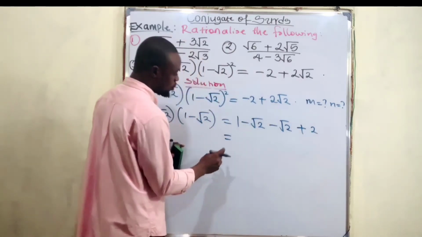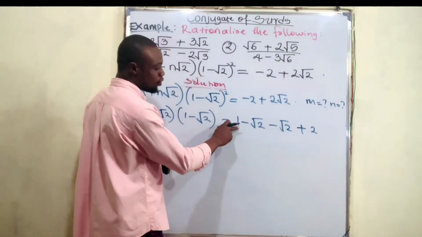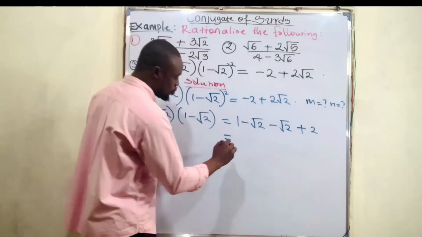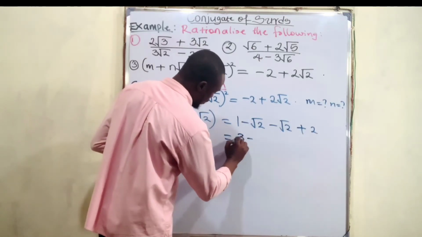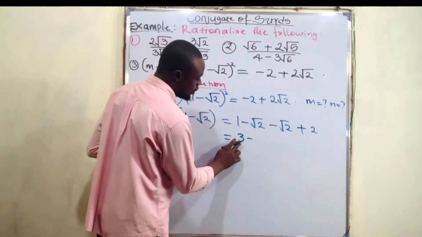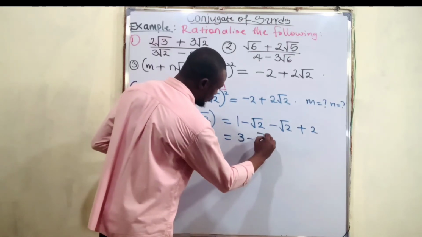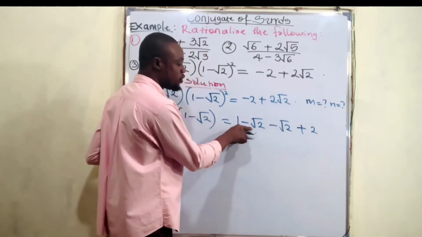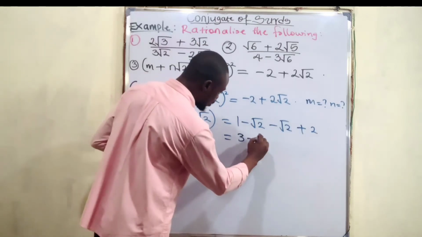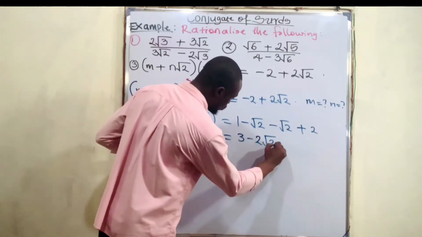So this is now equal to, now if I bring, this is plus 1 and this is plus 2. If you add them together, you get what? 3. So this is basically 3 minus, you can see we have a root 2 here and we have a root 2 here. So this is 2 root 2.